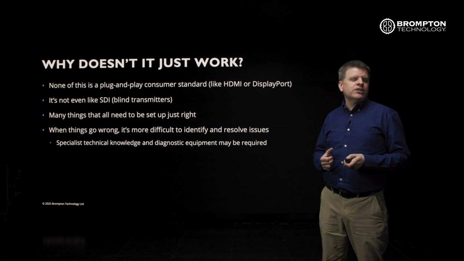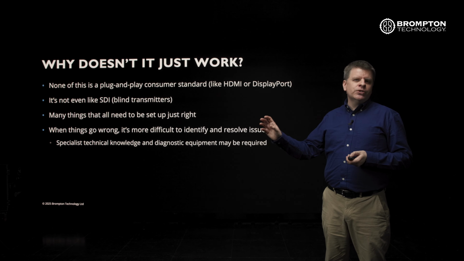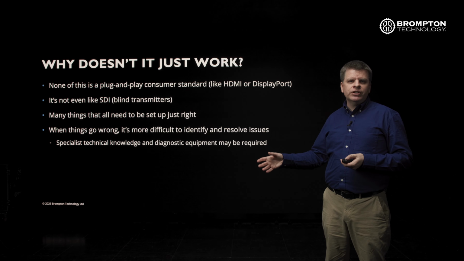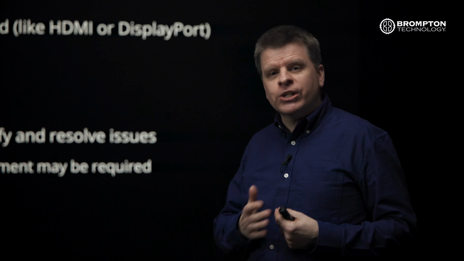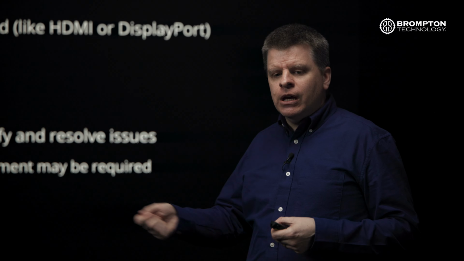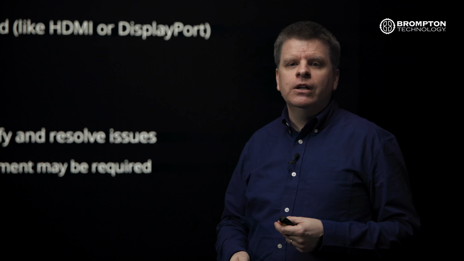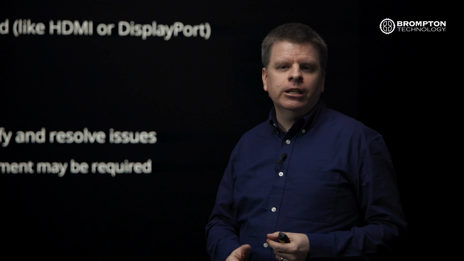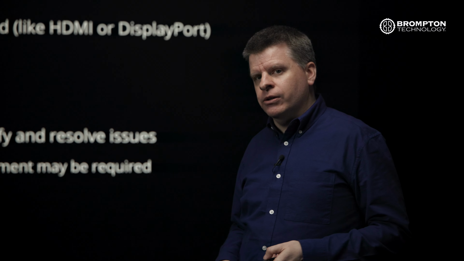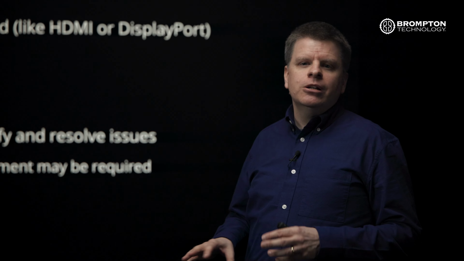So comparing to something like SDI, if I'm not receiving an SDI signal on my monitor, I can just unplug that cable. Remember, the source is going to keep sending out a signal regardless, and I can try plugging it into a different device. And if it works on a different device, well, there's a good chance that the sender is in fact sending what I'm expecting. Maybe I need to go and check out what's happening on the receiver.